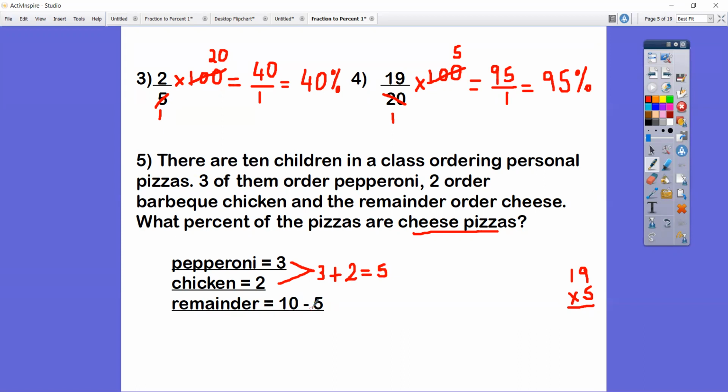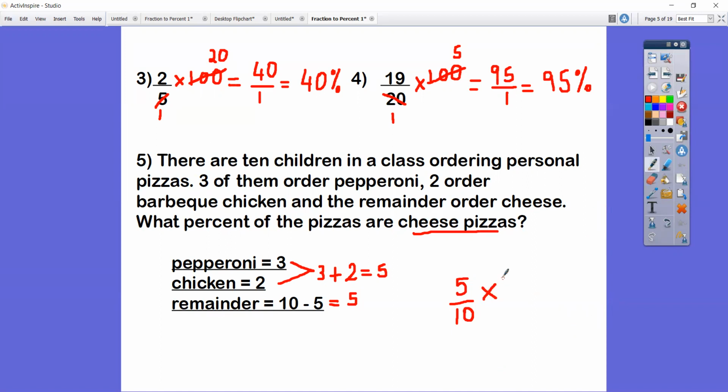So the remainder is 10 minus 5. That means there would be 5 left. So first we figure out what fraction, that would be 5 out of the 10 pizzas would be cheese. And I don't think most of you even need to go through all of this working, but I'm just doing it to be on the safe side. So 5 out of the 10 pizzas are cheese pizzas.